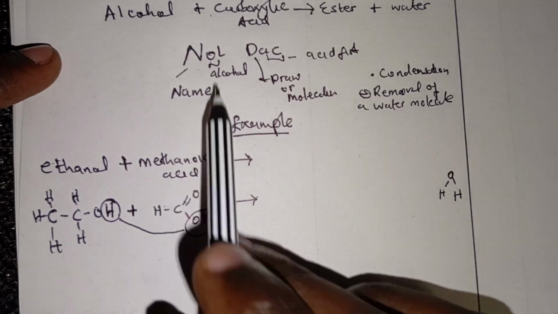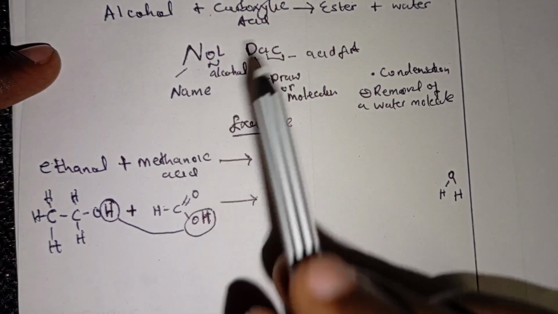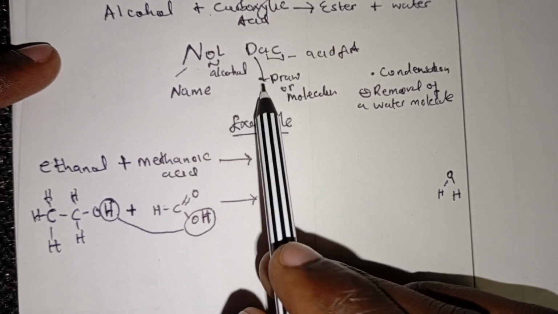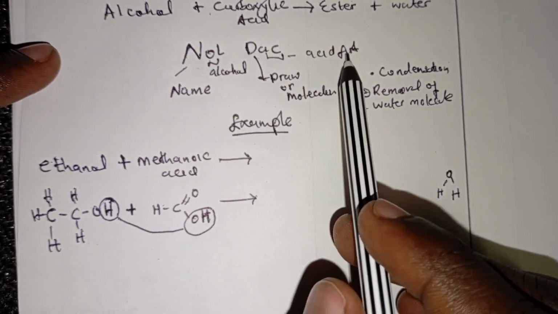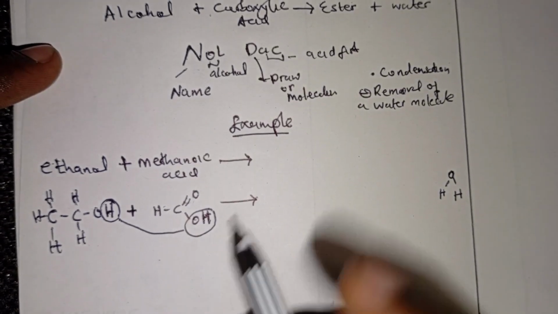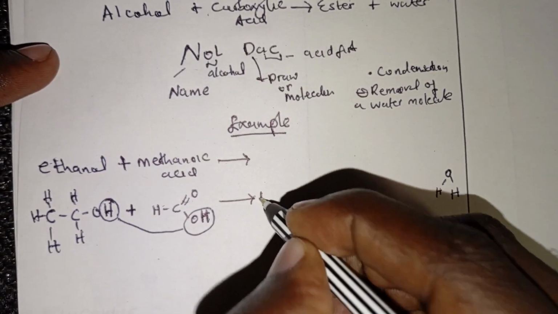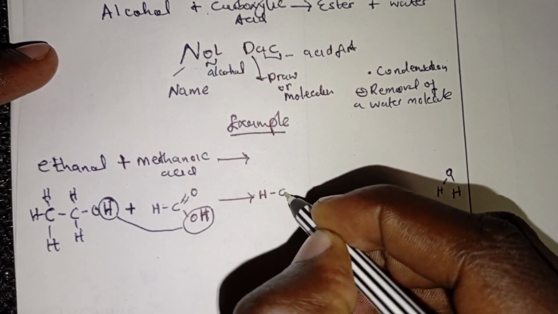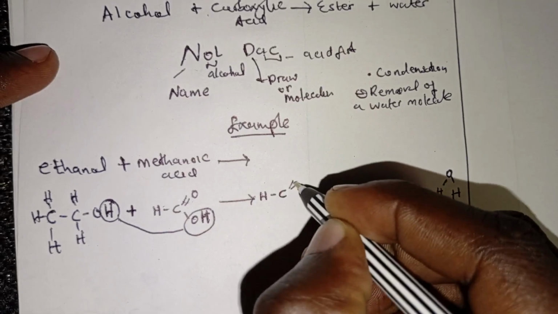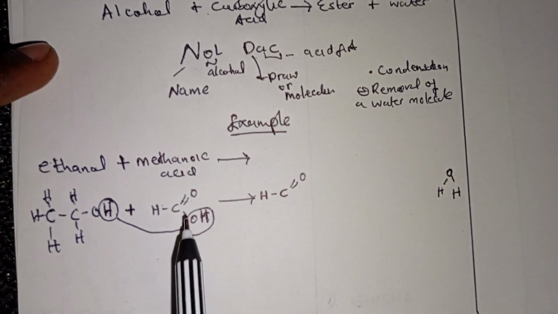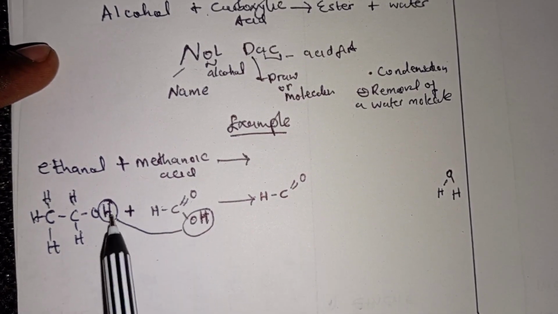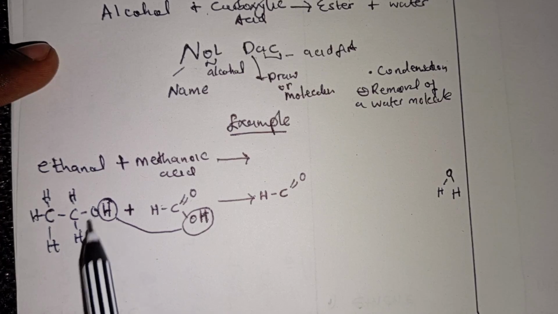Then now here is where you come to this. You're about to draw the structure. So draw the acid first. So that's the acid here. I'm going to draw the acid first. This is all that has remained from the acid. And this acid is connected to the O this side.